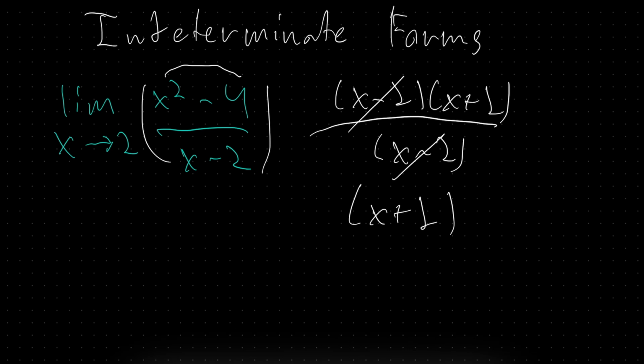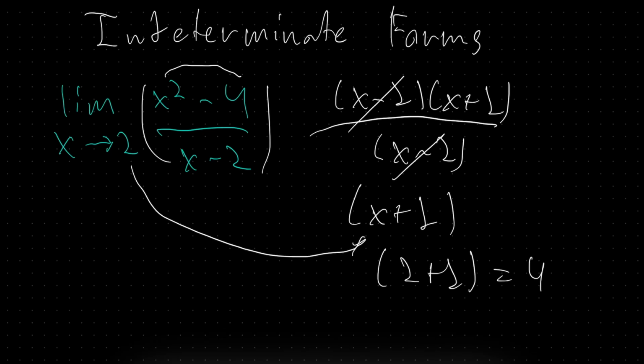This is what you would typically do for most problems when you get an indeterminate form and you can see this sort of factoring going on, right? So if we were to sub in 2 here, we get 2 plus 2, which gives us 4. So therefore, the limit of this expression will approach 4 as x approaches 2. All right, let's try another example.